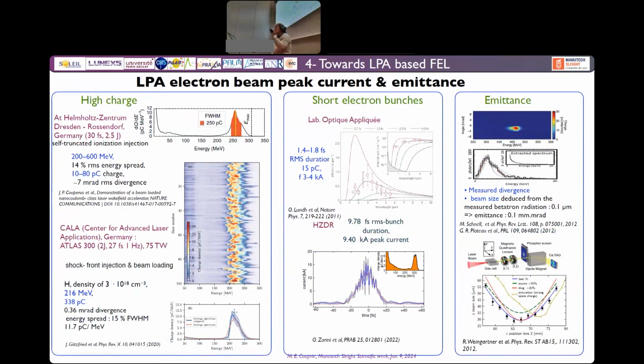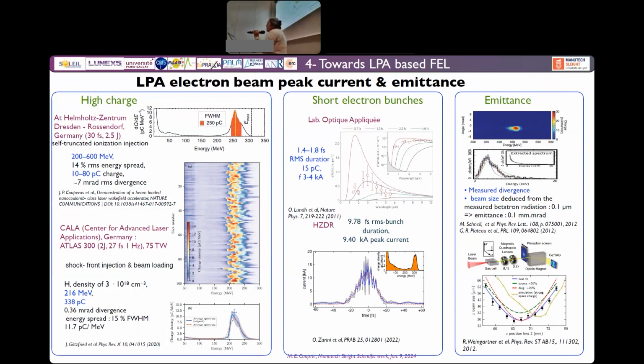Then in terms of charge, I told you that electronic density is important to have a gain. So what is the charge that can be achieved? I give here two examples. In Germany, Helmholtz-Zentrum Dresden-Rossendorf, you see that typically 100 picocoulomb charge can be achieved, or Munich in Cala, where you could go to hundreds of picocoulomb with a more intense laser.